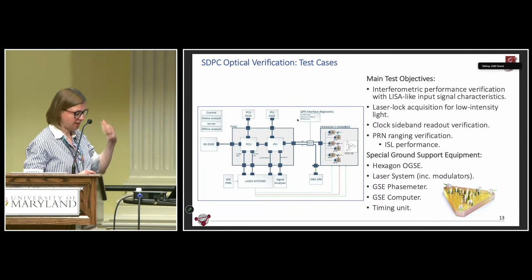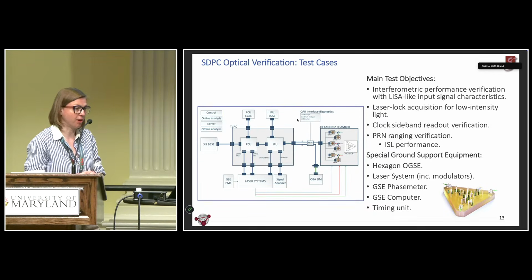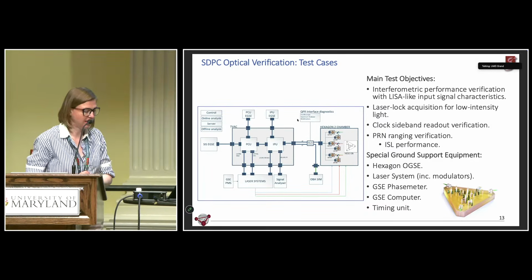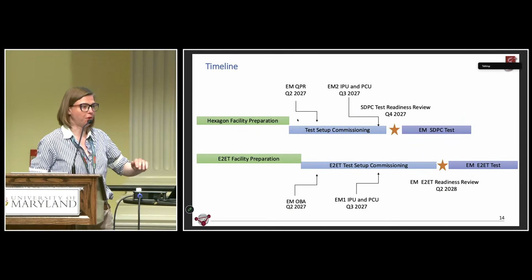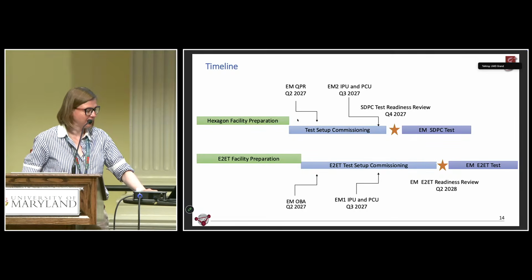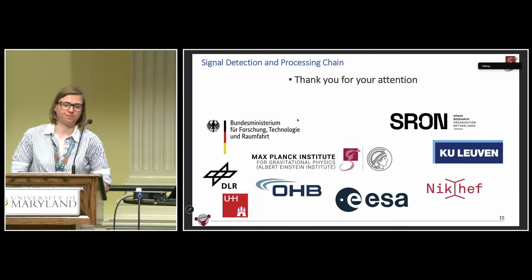For this, we developed special ground support equipment that is needed to provide this measurement. And thank you. This is just the timeline of both test setups, and thank you.